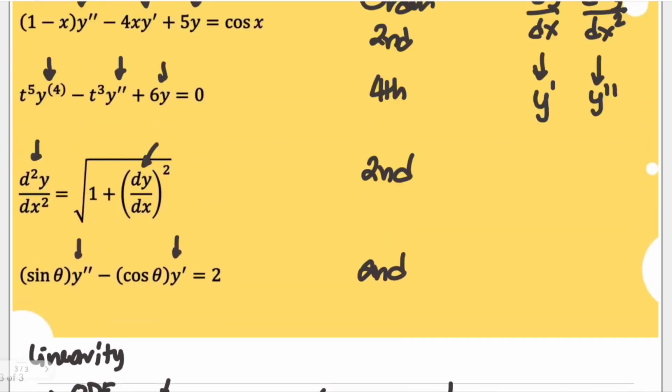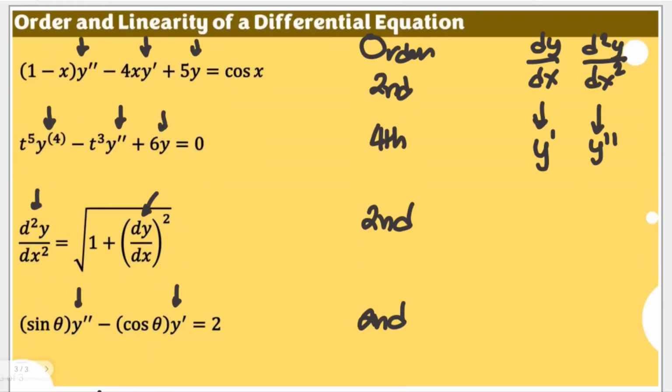So let's take the first one here. This is considered to be linear, because you have the second order of y, first order of y, and y here. You have other variables like x here, and this would be our g of x. There are no other variables presented there, so that's considered to be linear.